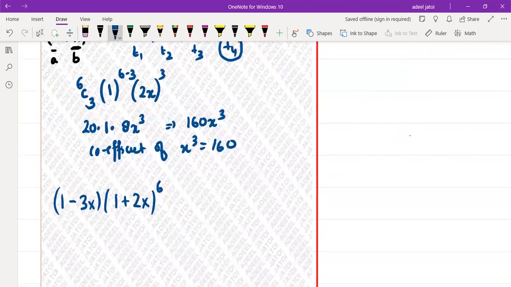You need to understand that (1 + 2x) to the power 6 is basically a bracket with more powers, which means this should be binomially expanded.